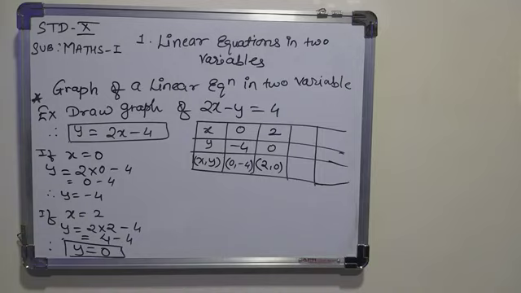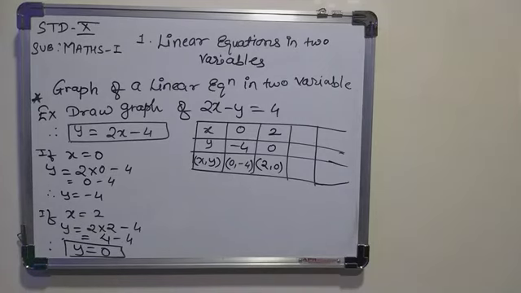If you plot 3 points and they are non-collinear, then it is understood that one of the points is wrongly plotted, but it is not easy to identify the incorrect point. Because of that, we are going to find 4 points, right? So if one of the points is wrong, still you will get your 3 collinear points, right? Otherwise 2 or 3 points are also sufficient to represent the linear equation in two variables on the graph paper. Clear?